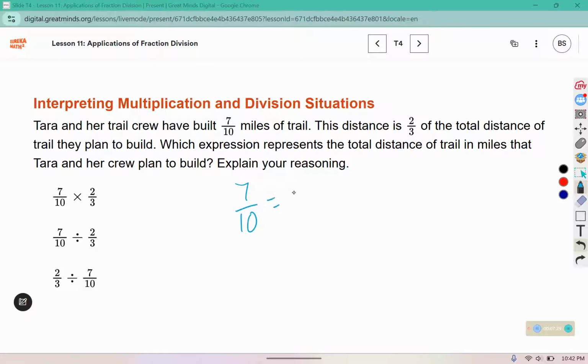7/10 is 2/3 of what number? That was written as a division expression in this form. So we are going to use this one. And we need to explain our reasoning.